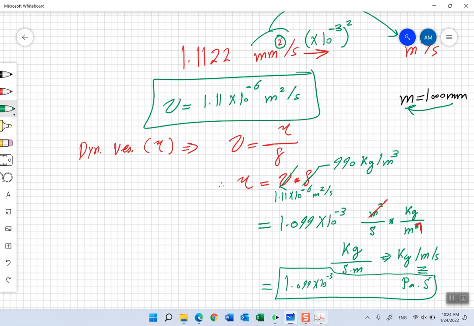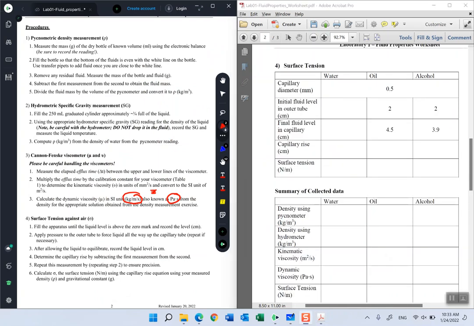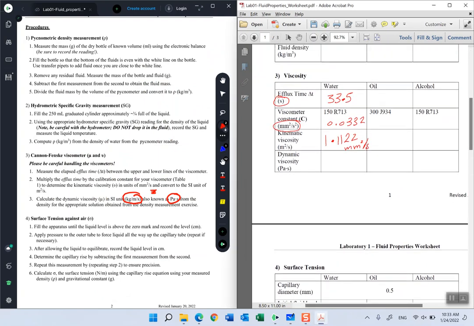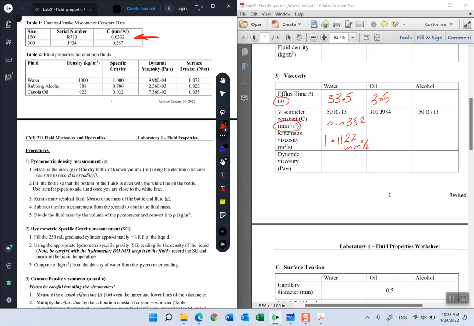Good. So let's do the same for the other experiments. This will take a huge amount of time, to be honest, but we can. Again, the time it takes the oil to go from the first mark to the second mark is 305 seconds. And the constant of the oil is 0.267.